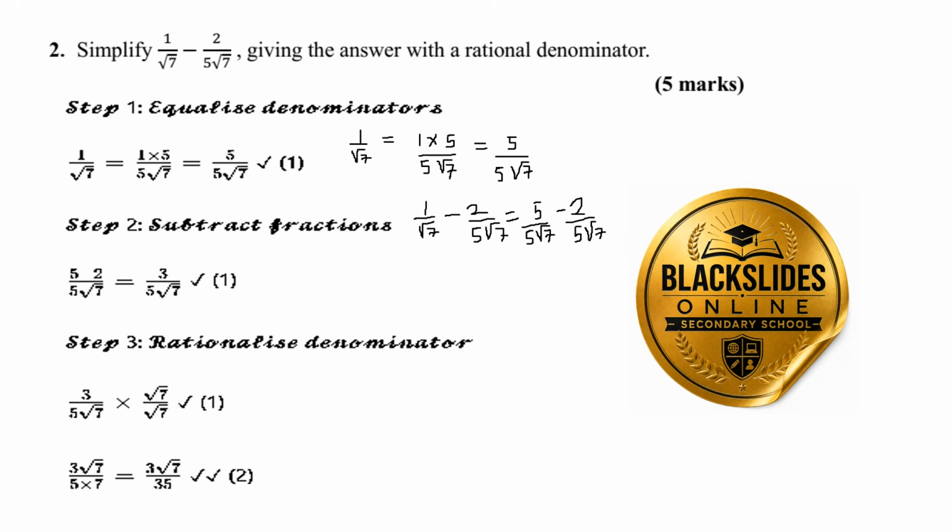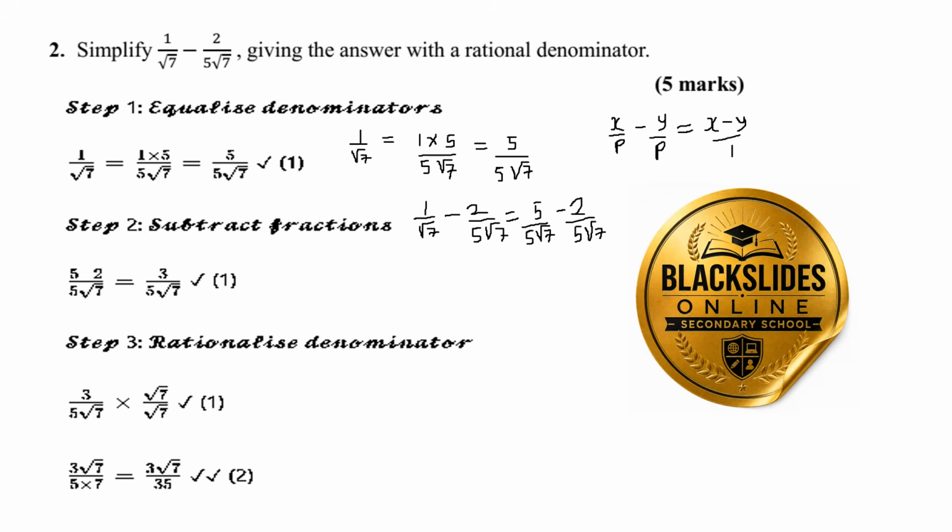Now, in mathematics, when you have x over p minus y over p, this is numerically the same as x minus y over p.